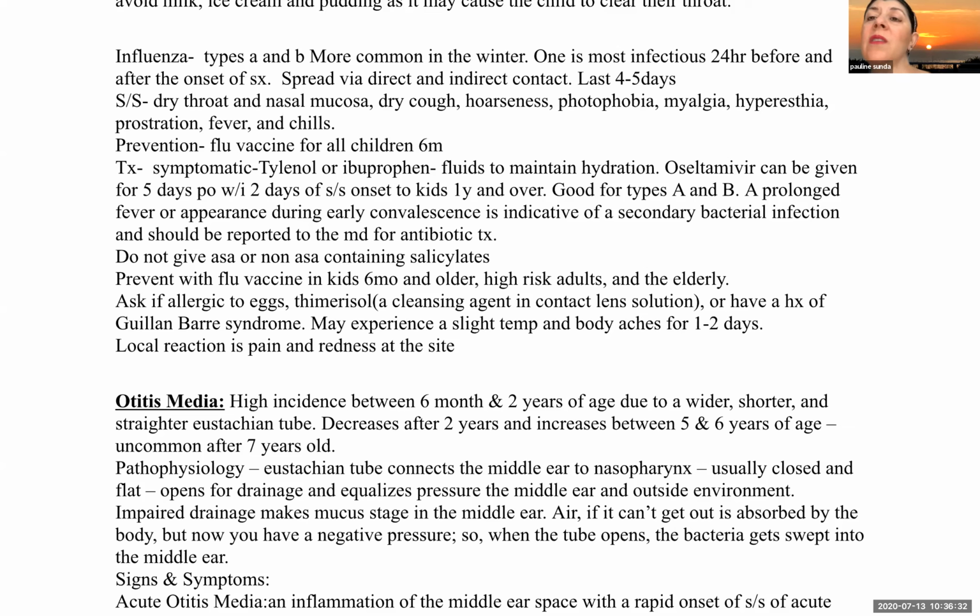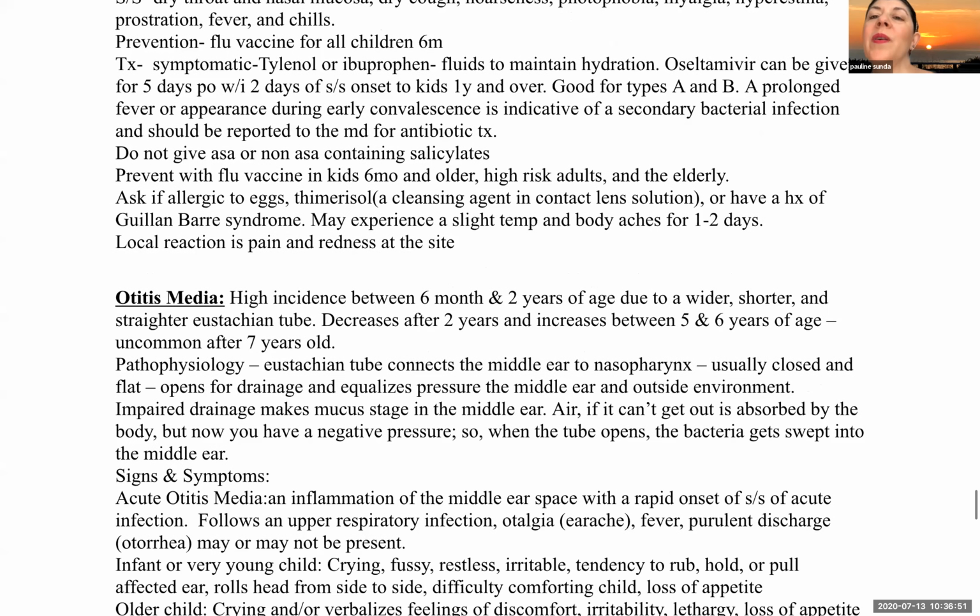They can be treated with antivirals. They are only given antibiotics if the child develops a secondary bacterial infection. Do not give aspirin or non-aspirin containing salicylates because of the issue with Reye syndrome. So remember, we can prevent the flu in children with the flu vaccine at 6 months and older.